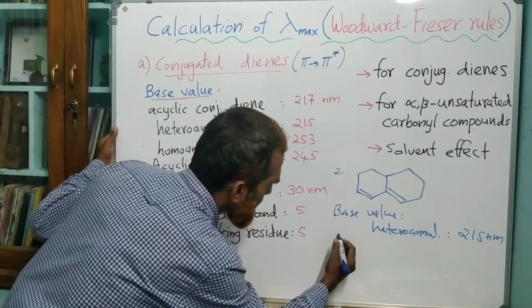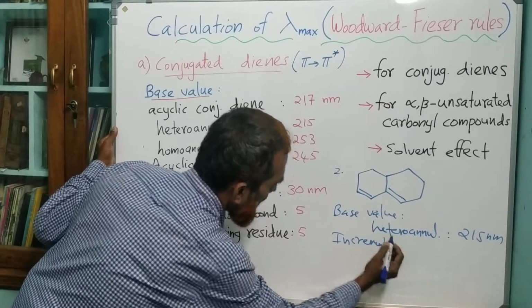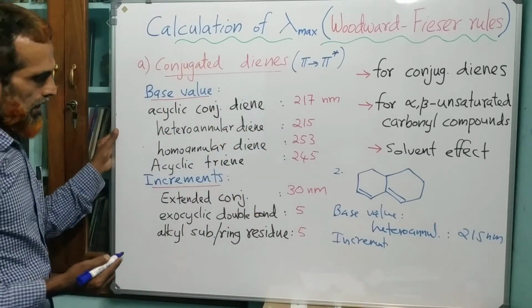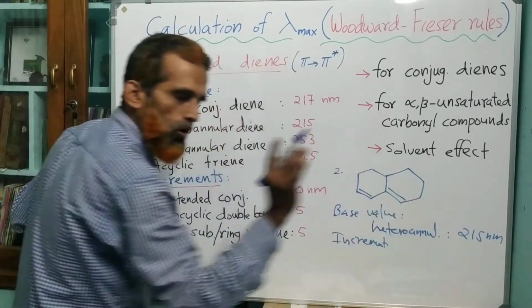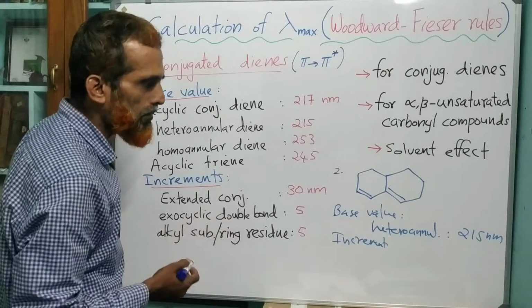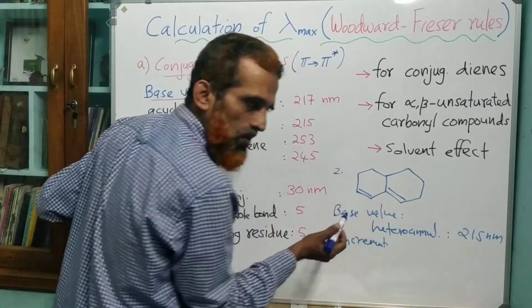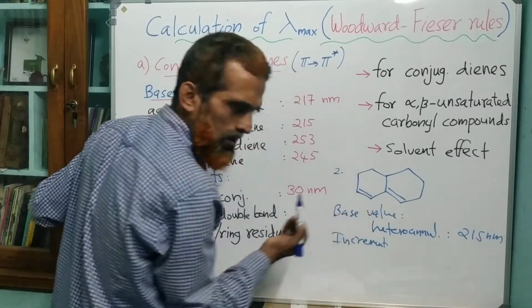Now increments. Is there any extended conjugation? No, only 2 double bonds, only a diene. So that is not applicable. Exocyclic double bond. Check the double bonds whether it is exocyclic or not. This double bond is not.